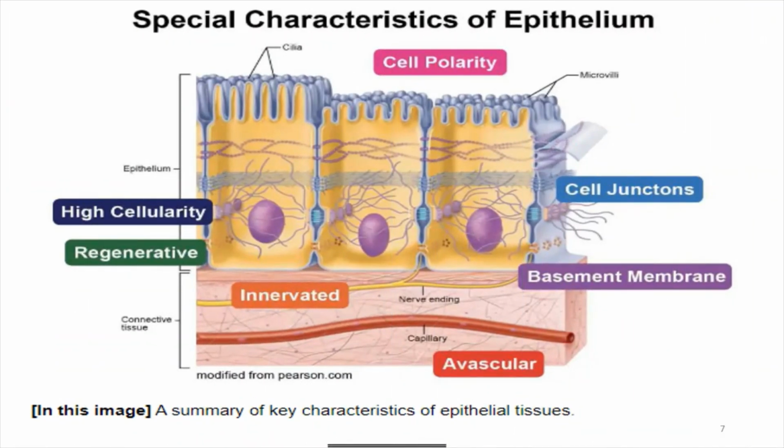Now here I want to show you how epithelial cells are opposed or adhere to one another. So you see, this is an epithelial cell and this is an epithelial cell. They are held together by means of cellular junctions or tight junctions.